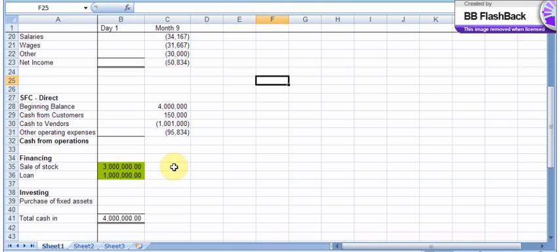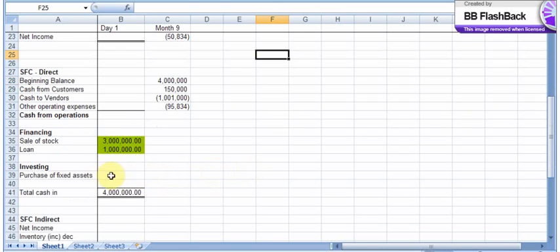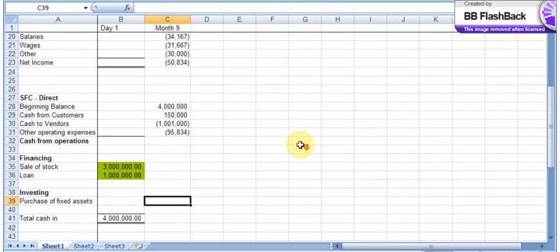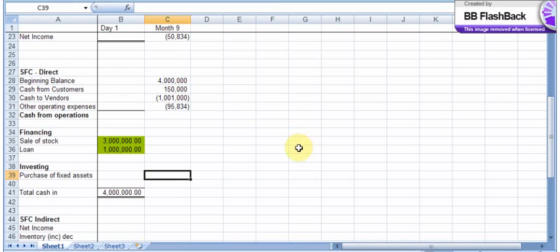We have no additional financing this month. We have no additional loans this month. We do have, though, purchase of fixed assets. We have purchased fixed assets. So we want to represent that by equal minus 200,000 as a cash flow out. Format that so it looks like the others.